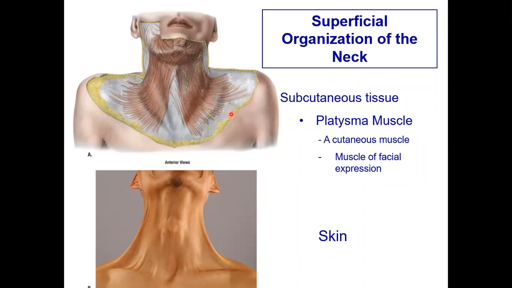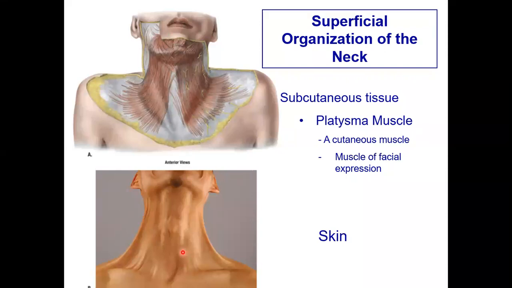So here you can see a picture of your platysma. So your platysma is a muscle of facial expression. So you see how here's the skin, here's the subcutaneous tissue and fat, and then here's the platysma. The platysma is the muscle that makes you have tension in your neck.